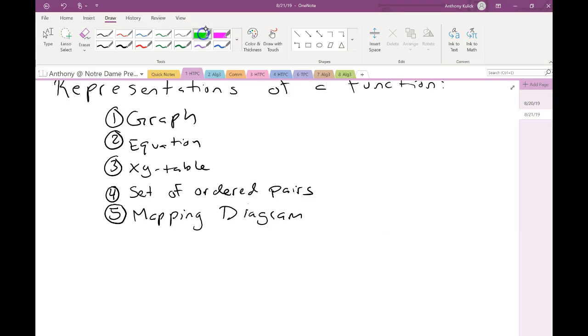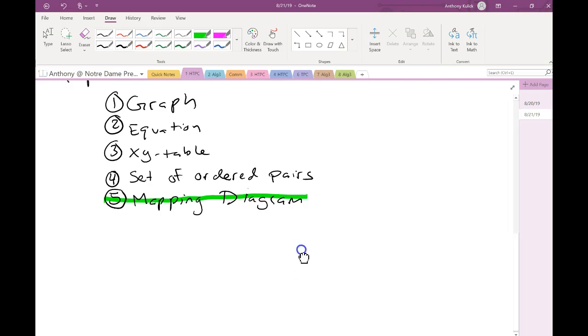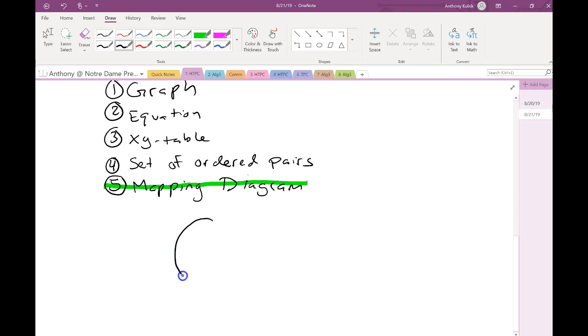And this is the one that I'm going to use to draw some examples of things that are functions or not functions. So if you remember what a mapping diagram looks like, we drew two circles to represent the sets D and R, or the domain and range.